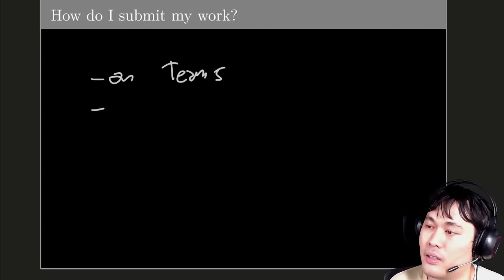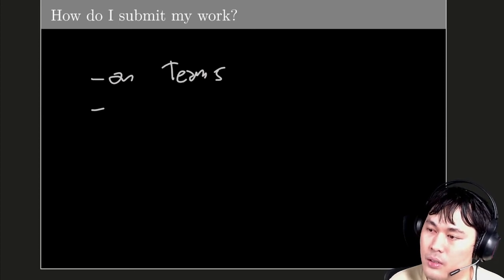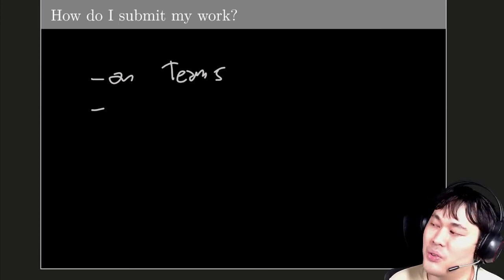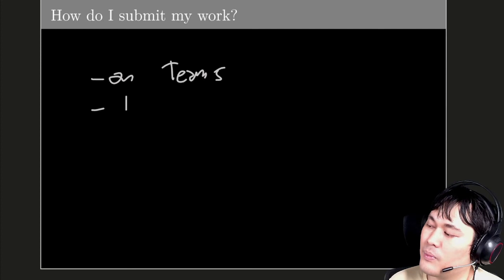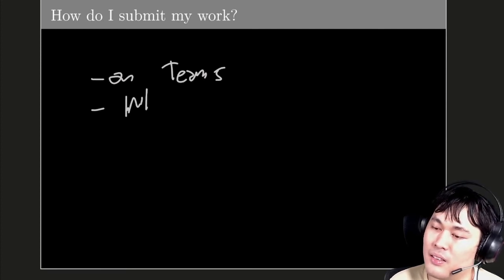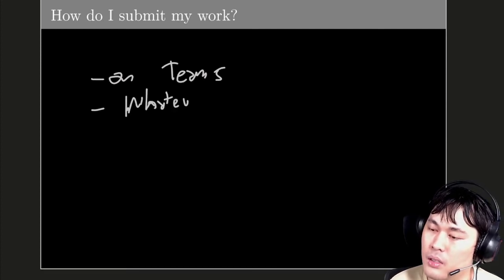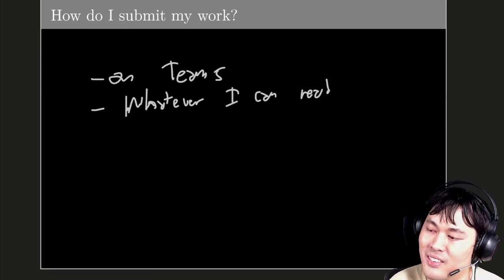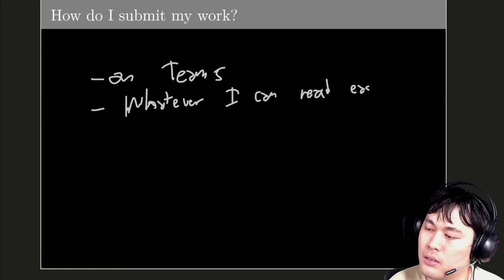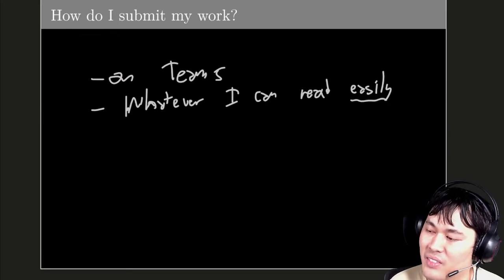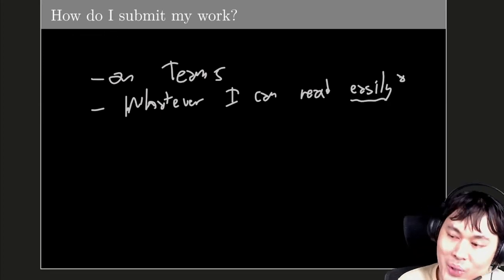But then another question is how to submit on Teams. The goal is for you to submit whatever I can read easily. Let me put a star there on the word easily.